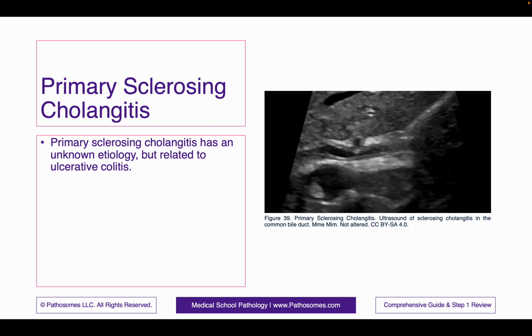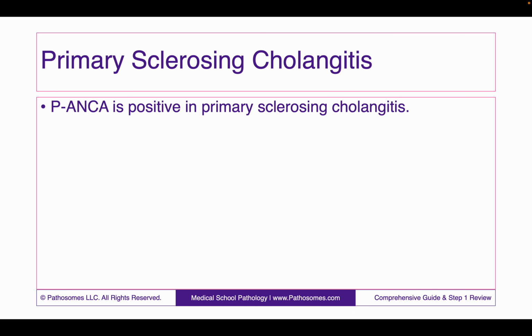Primary sclerosing cholangitis has an unknown etiology, but is related to ulcerative colitis. With primary sclerosing cholangitis, P-ANCA is positive, right? So P-ANCA is positive in primary sclerosing cholangitis.